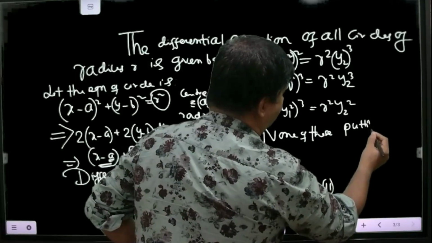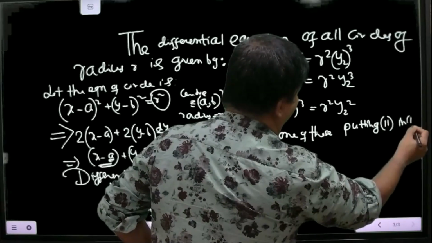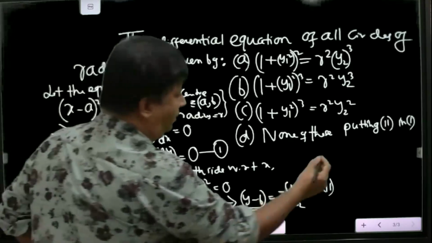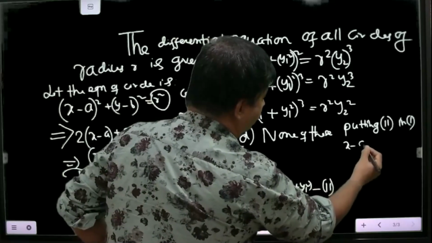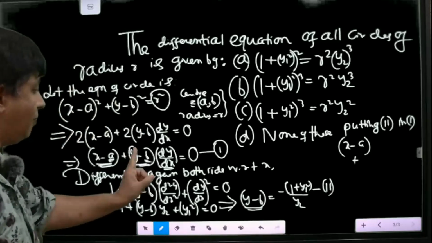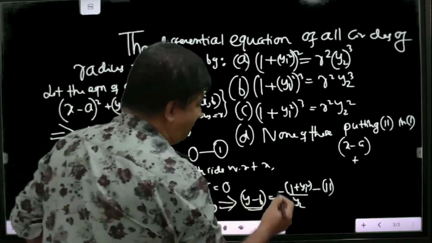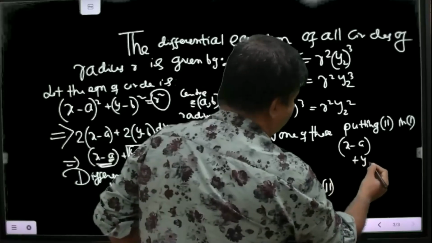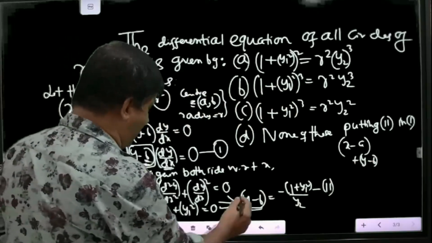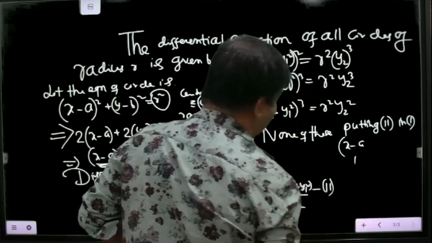Putting the value of 2 in 1, what do we get? x minus a will remain, plus, instead of y minus b, you put this value.